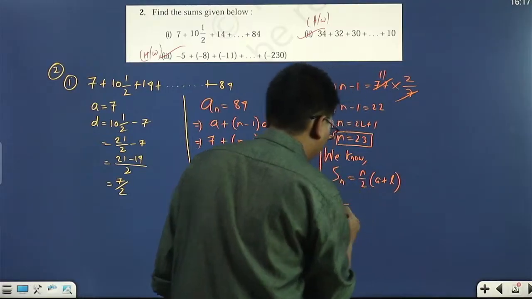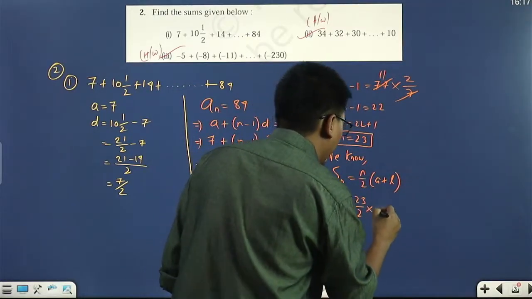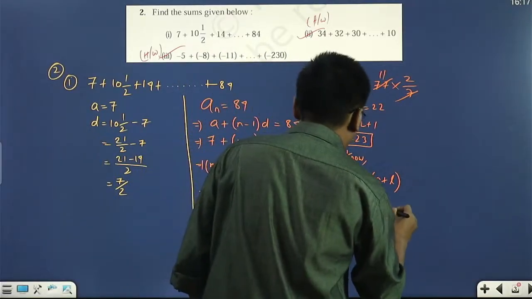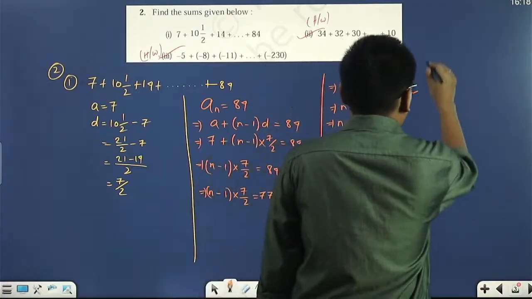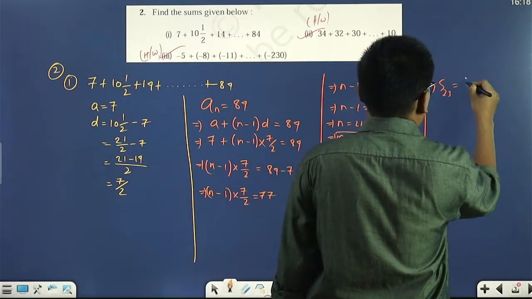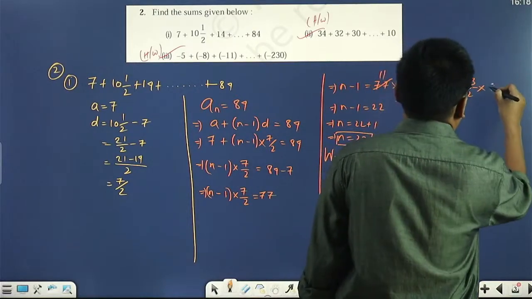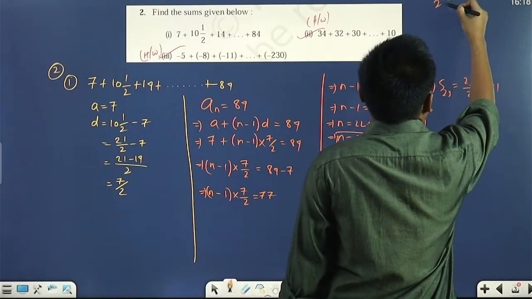We'll use this formula. So S23 will be 23 by 2 into, how much is a? 7 plus l, 84. So S23 will be equal to 23 by 2 into 91. Let's multiply 23 and 91.